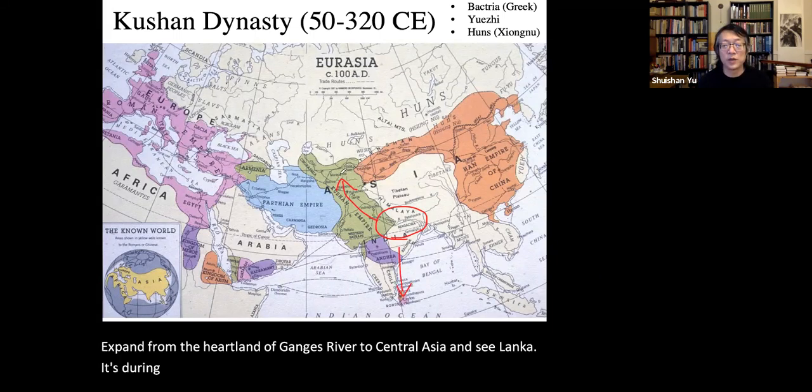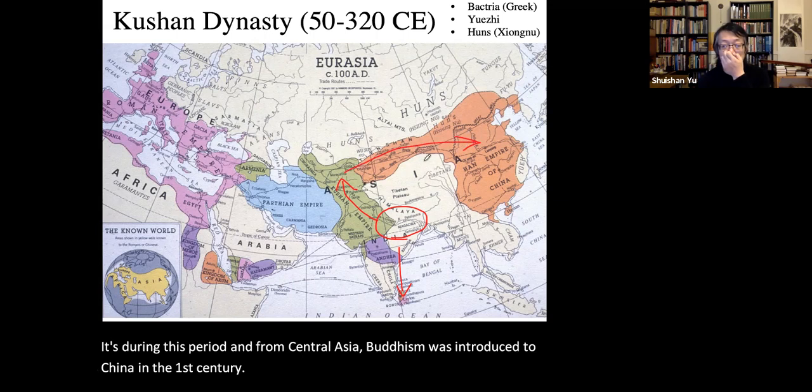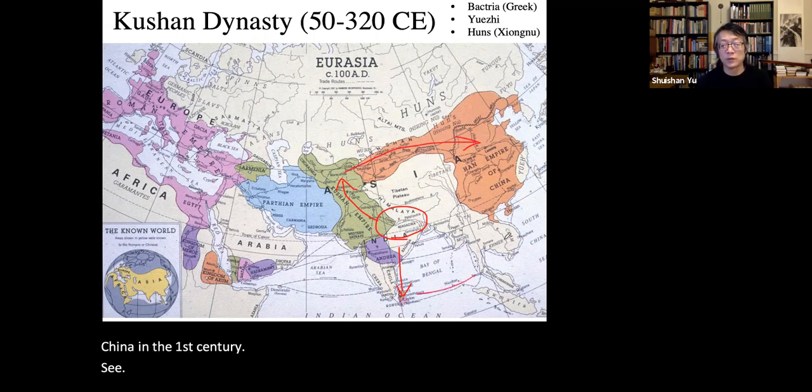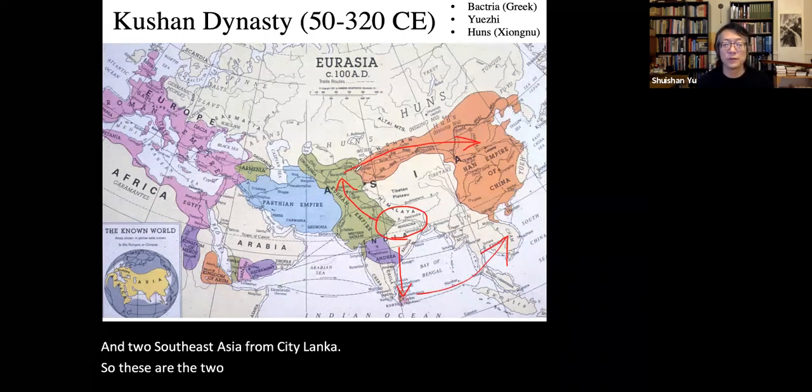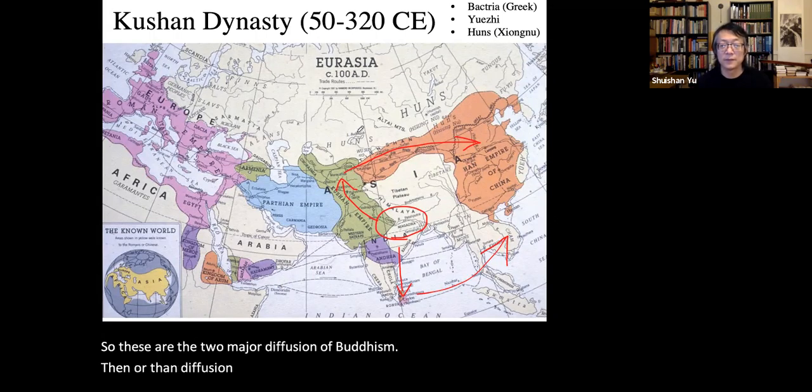And from Central Asia, Buddhism was introduced to China in the 1st century CE and to Southeast Asia from Sri Lanka. So these are the two major diffusions of Buddhism. The northern diffusion of Buddhism spread mainly Mahayana. It's called Mahayana Buddhism.